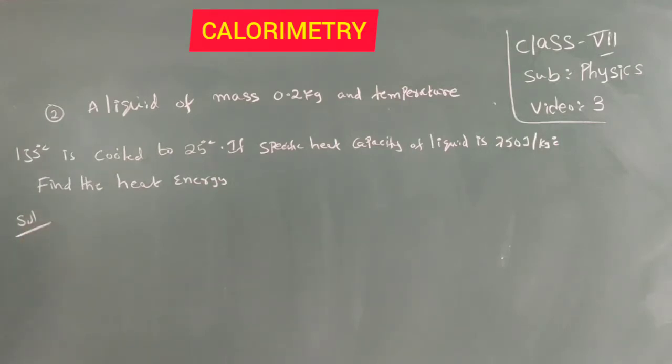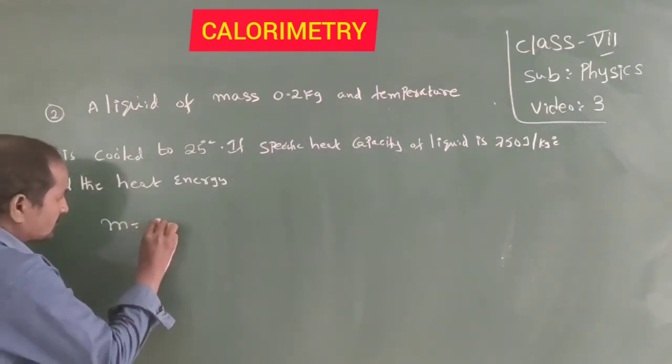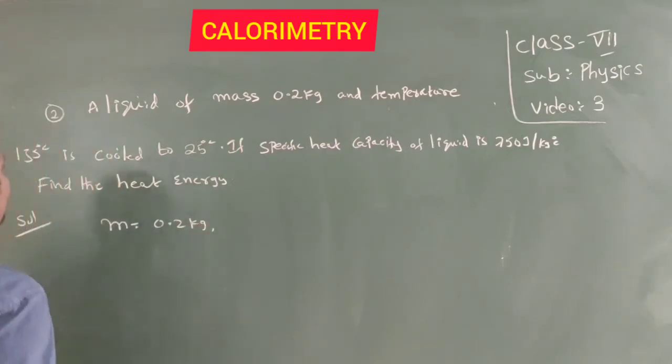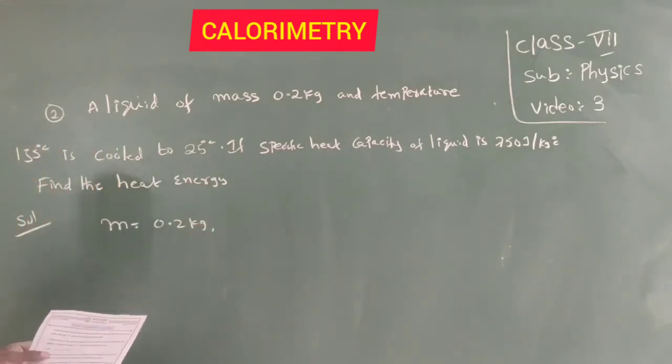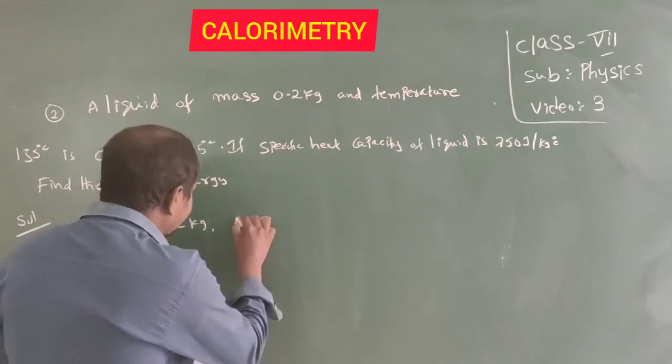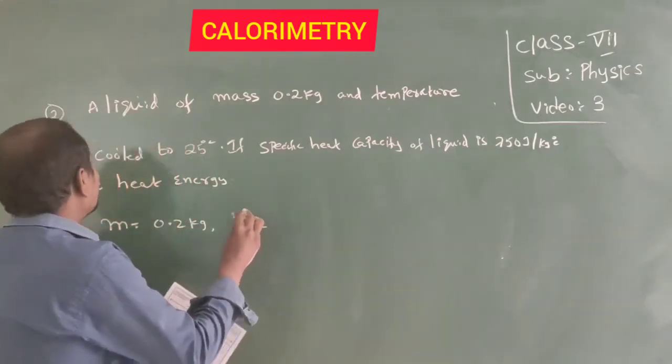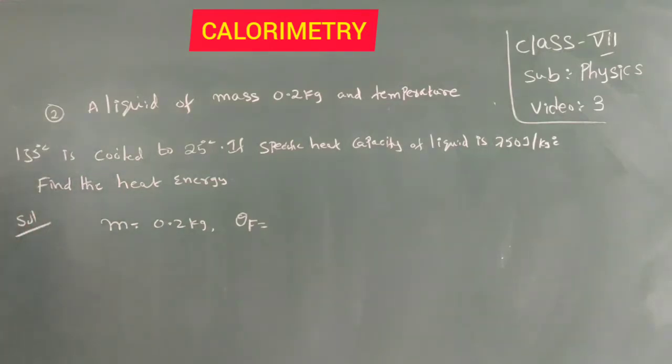Same model. Mass is given. Mass equal here 0.2 kg. And here temperature is decreasing, means fall in temperature, that equal to the initial temperature 135, decreased to 25 degrees Celsius.